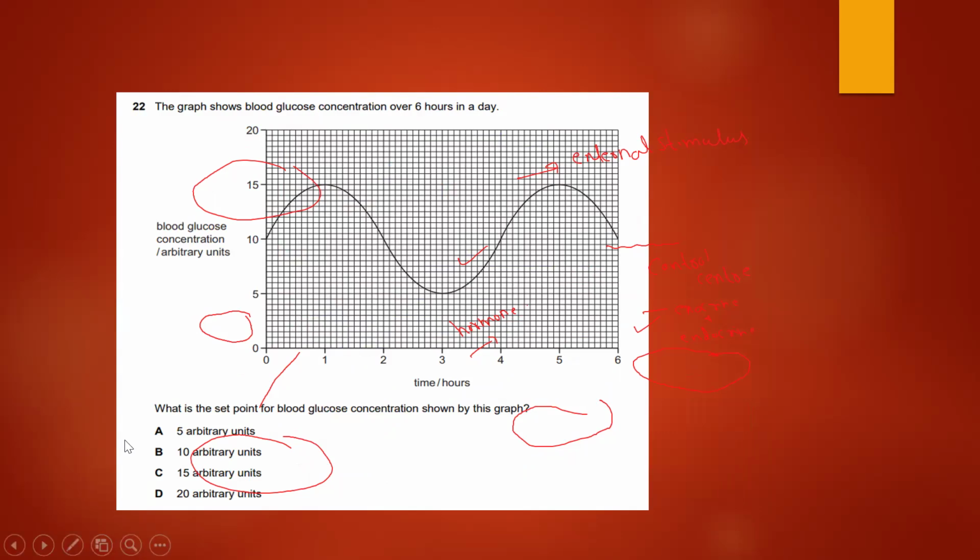Then the pancreas releases the glucagon hormone, and it reaches the liver and converts the glycogen into simpler glucose again.